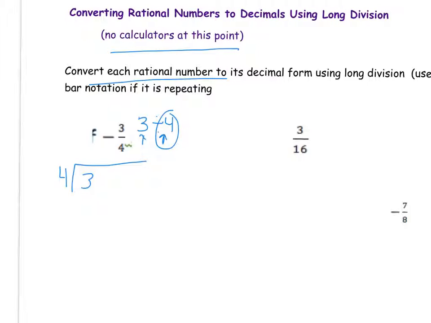So 4 doesn't go into 3 any, so we're going to put a 0 and then the decimal. So this was a 6th or 5th grade target, really, so this, I'm hoping, is just a repeat for you, or a review.